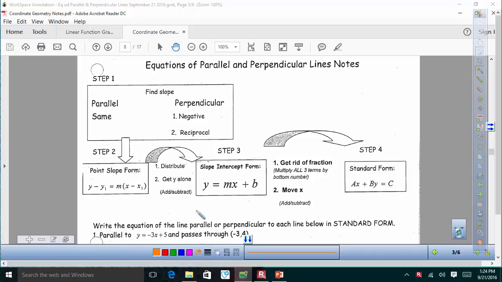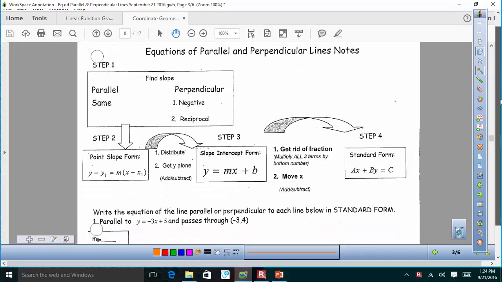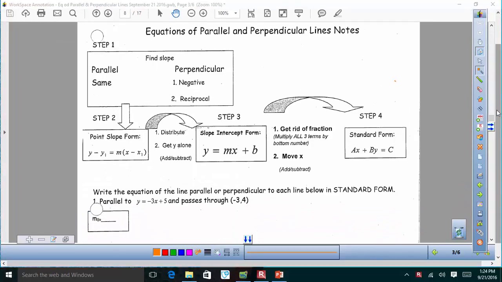We're not going to do step 4, but I wanted to point out step 4 because on Monday I asked you about the 3 types of equations of lines. So the first day we talked about point slope. Can somebody tell me what the point slope is?